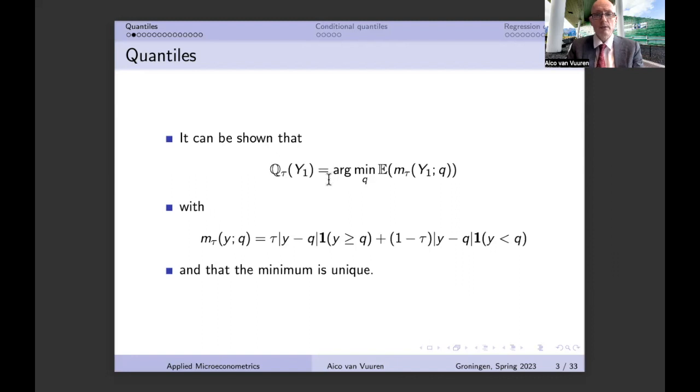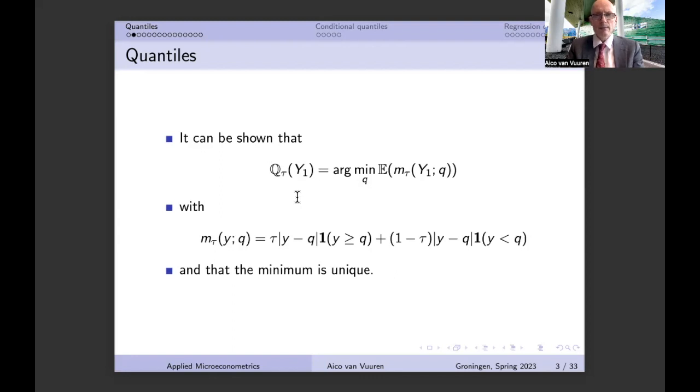This is actually a representation that even holds in the discrete case, and it says that the quantile can be seen as the argument that minimizes this somewhat ugly looking criterion function that we have over here. And I can even say that this minimum is going to be unique. The question of course arises, why is this so interesting? Well, this is interesting for estimation.